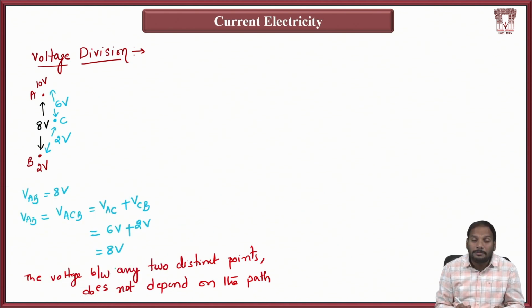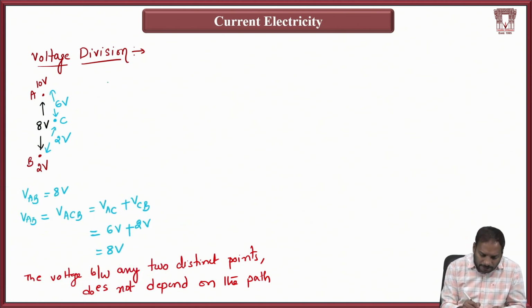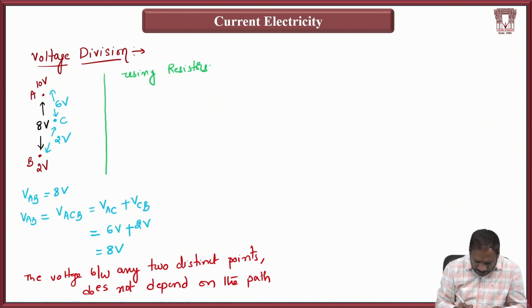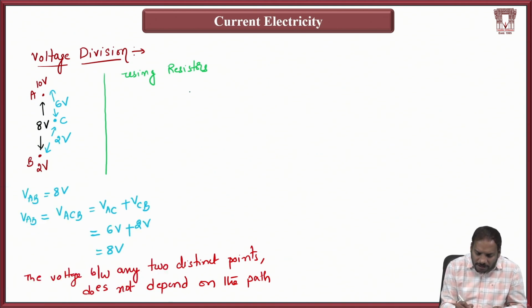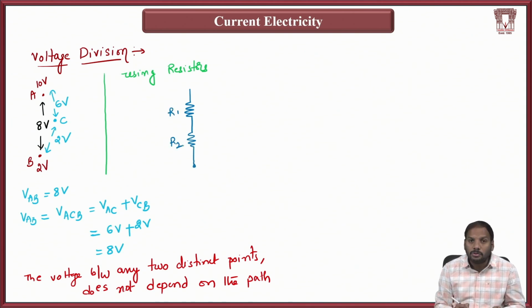Usually it is not possible to divide the voltage like this, so it's better to go ahead with the same division using resistors. So the same concept I will now explain using resistors. Let us consider two resistors, R1 and R2.